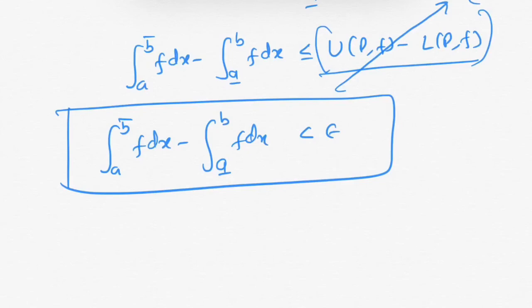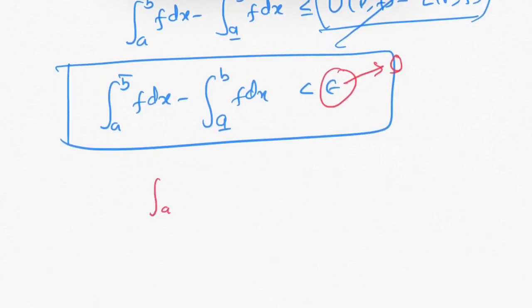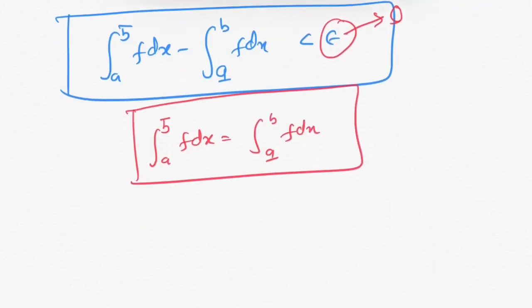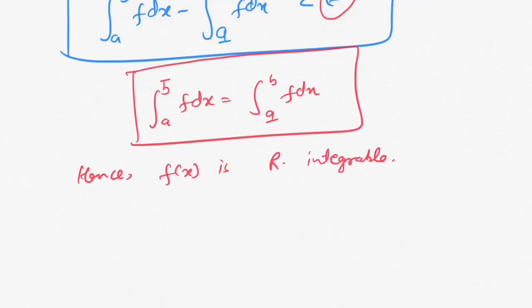So when this epsilon tends towards 0, the upper Riemann integral becomes equal to the lower Riemann integral. Hence f(x) is Riemann integrable. So the proof of the given theorem ends here.